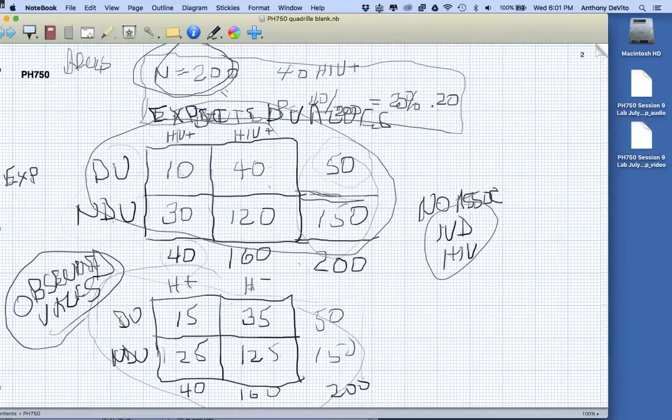You'd expect them to be the same. You'd expect your observed values to be the same as what you expected. In other words, out of the 40 people that are HIV positive, I expect 10 of them to be drug users and 30 of them not to be drug users. And when I go to look at the observed values, I would expect 10 and 30 if there's no association.